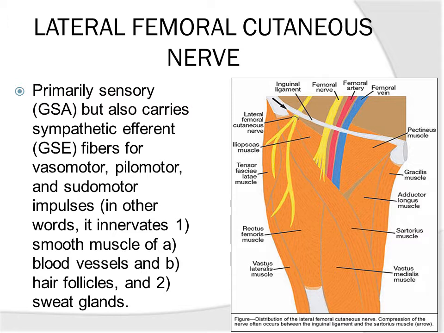They go to somatic structures of the leg. What are the somatic structures under autonomic control in the leg? Well, they provide for vasomotor, pilomotor, and pseudomotor impulses.